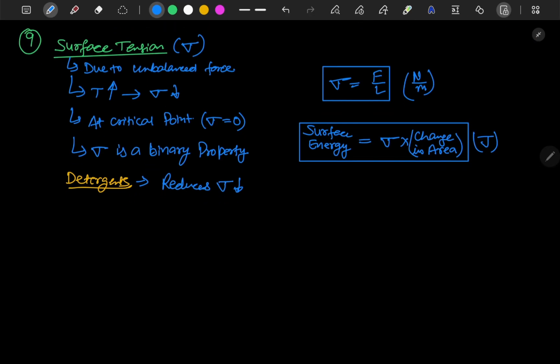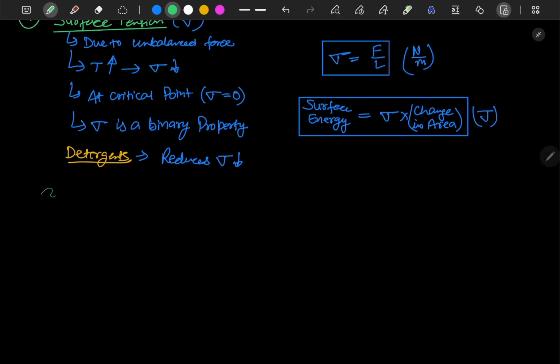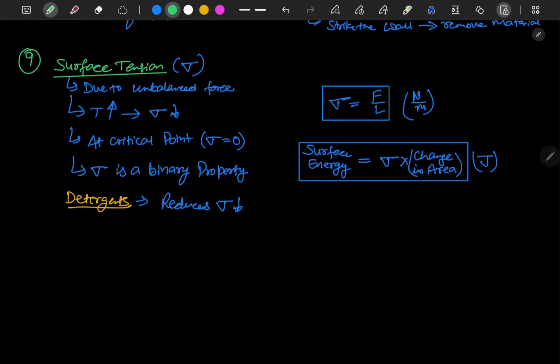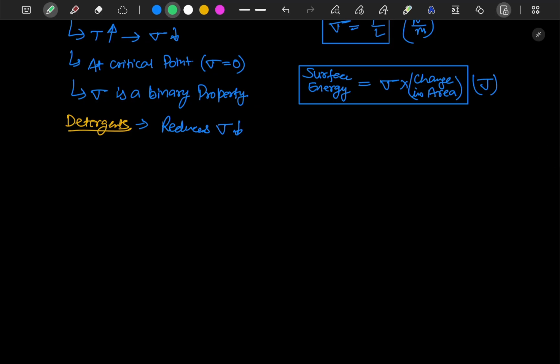Next, due to this surface tension, a new type of phenomenon occurs, which is capillarity. So let's talk about capillarity. But before that, let's discuss surface tension applications. There are a few famous applications. First one is water droplet. Second one is air bubble in water.